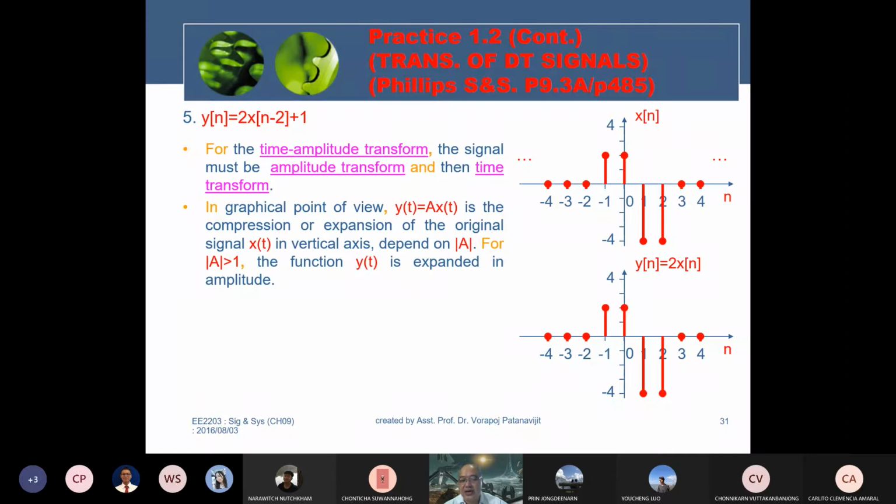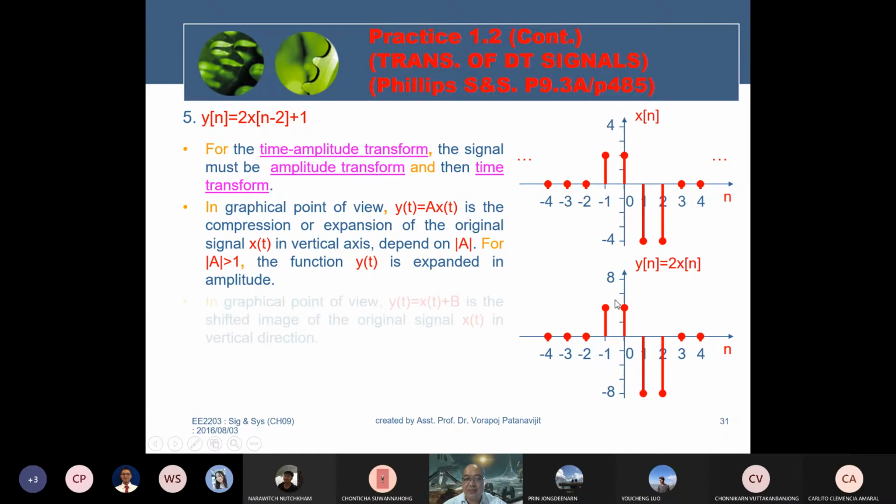For absolute a greater than 1, the function y(t) is expanded in amplitude. You scale them by 2, so 2 becomes 4, and 4 becomes 8.